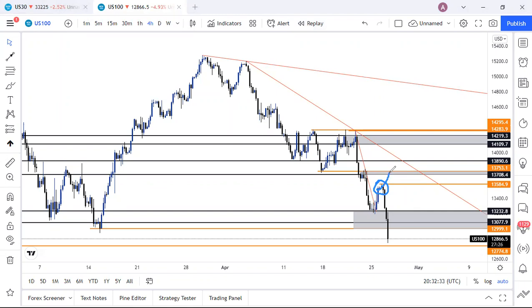It was supposed to come here and push down, but because of the negative fundamentals it just pushed down. So guys, it's very, very important to look at the fundamentals. They help a lot when it comes to trading indices.